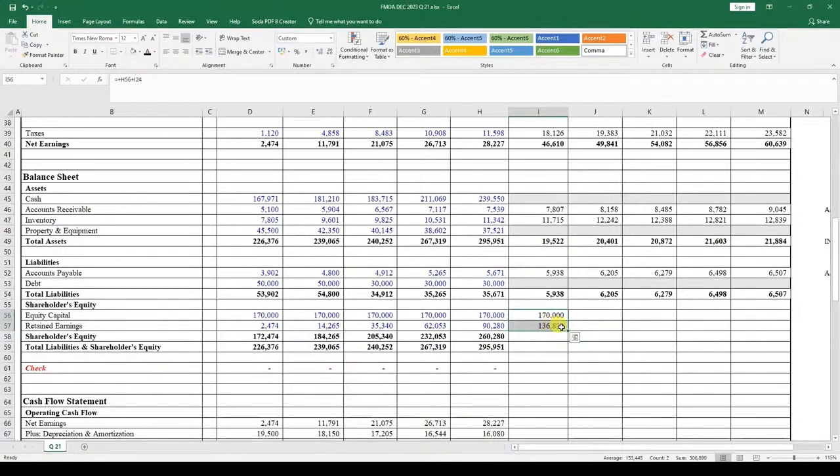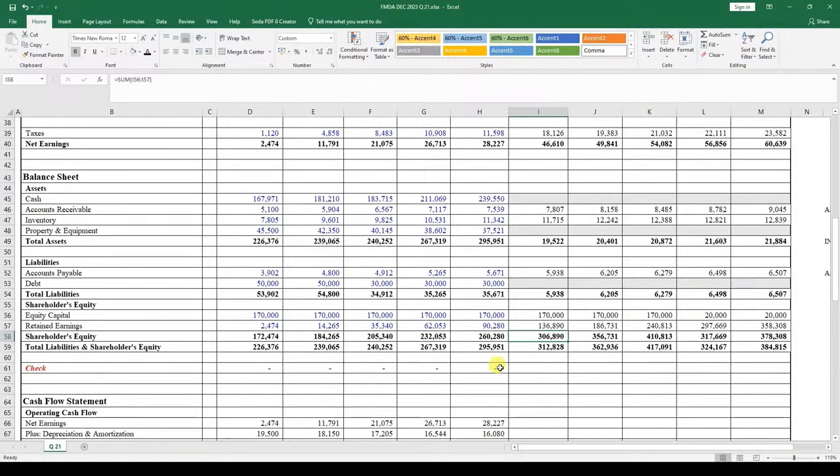We drag them towards the right, and this one remains like so. So shift Control R, so it picks the formulas the way they are. Remember, in a balance sheet we always have a check.